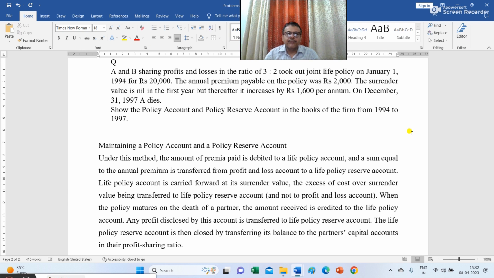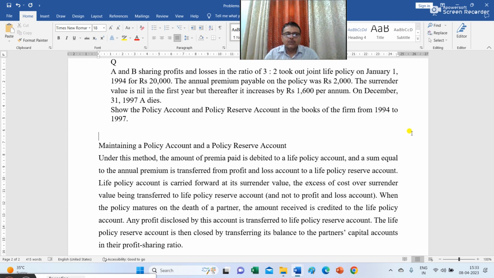This is a problem on death of partners in partnership account. Here you need to prepare two accounts, namely policy account and the policy reserve account. Under this method, the amount of premium paid is debited to life policy account, and a sum equal to the annual premium is transferred from profit and loss account to a life policy reserve account.